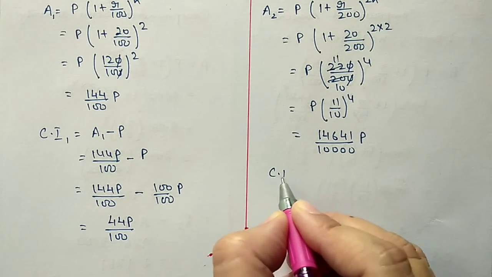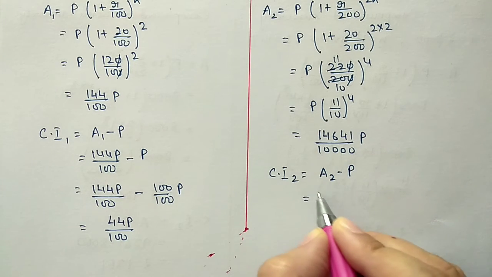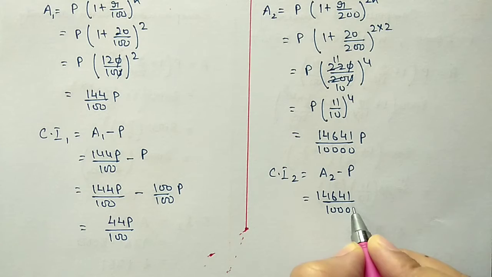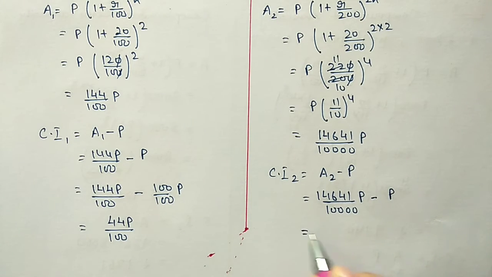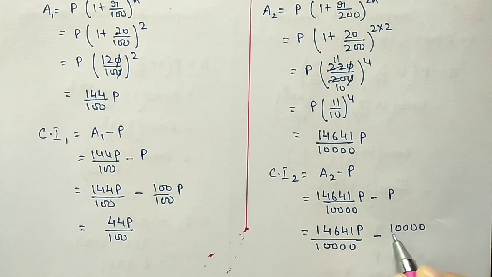Compound interest in the second case will be amount minus principal, 14641 by 10,000 P minus P. So here also we will make the same denominator for P because here the denominator is 10,000. So we will take 10,000 up and down.